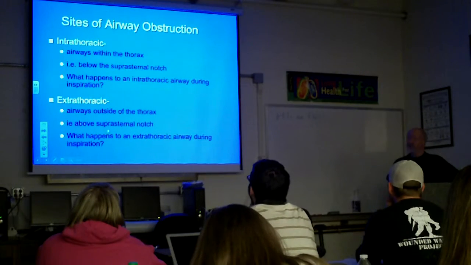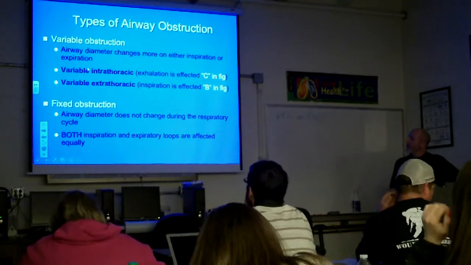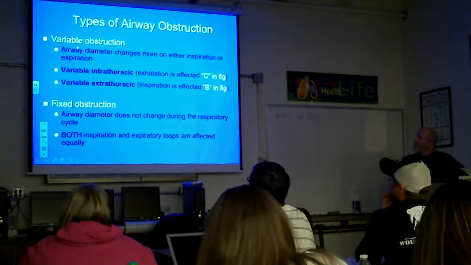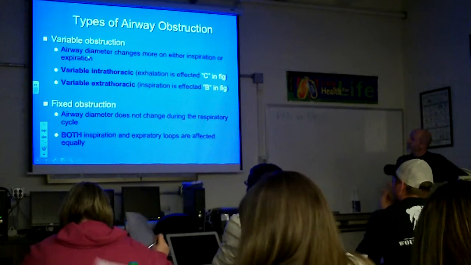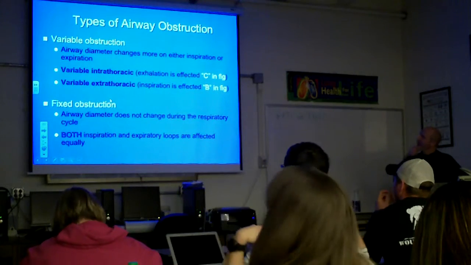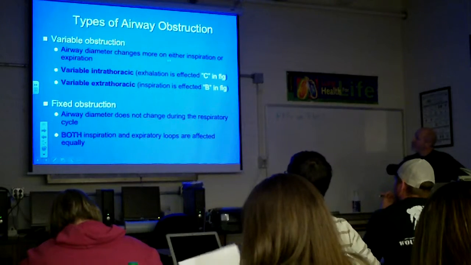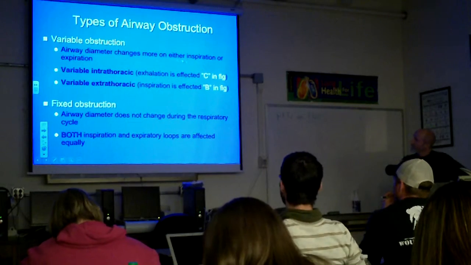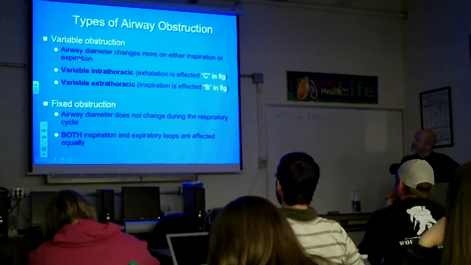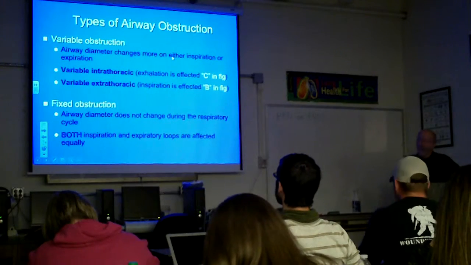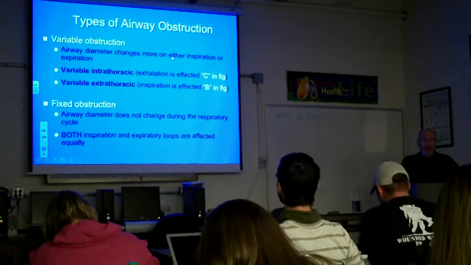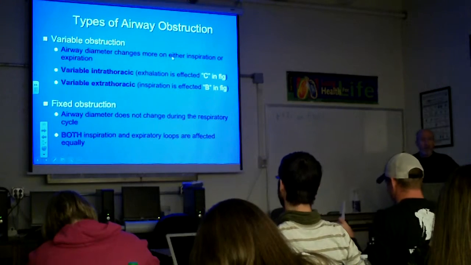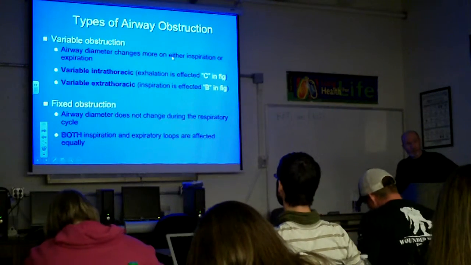Does this make sense what we just did there? So then we have this variable obstruction. Realize what we're talking about here. When there's a variable obstruction, it means the diameter of the airways is changing on inspiration or on exhalation, either one.